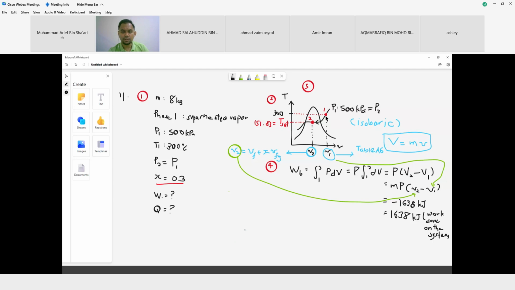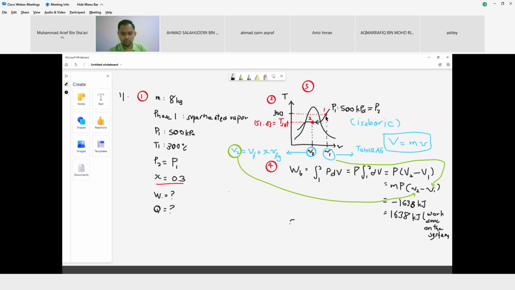Next, for the case of Q, you have to apply the energy balance equation for a closed system.